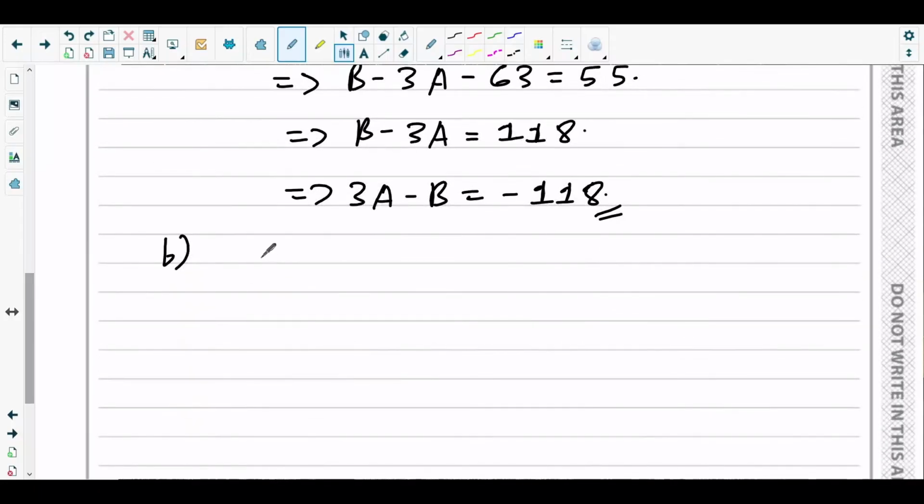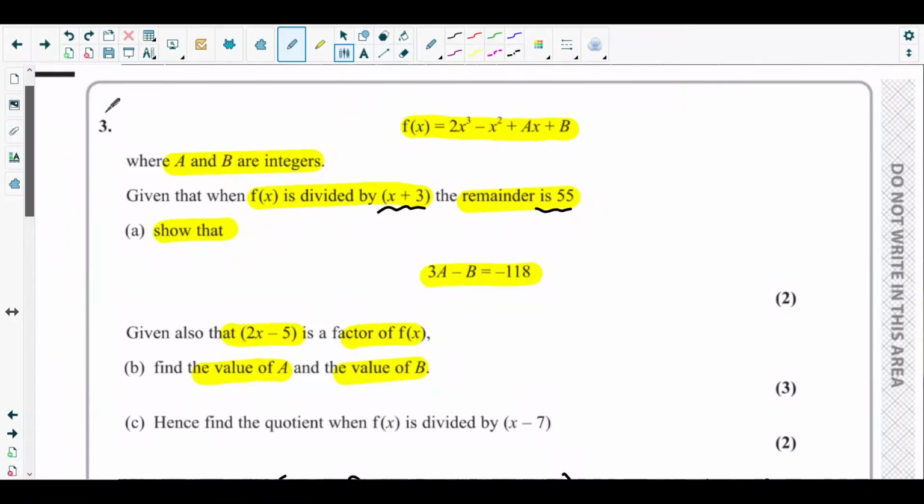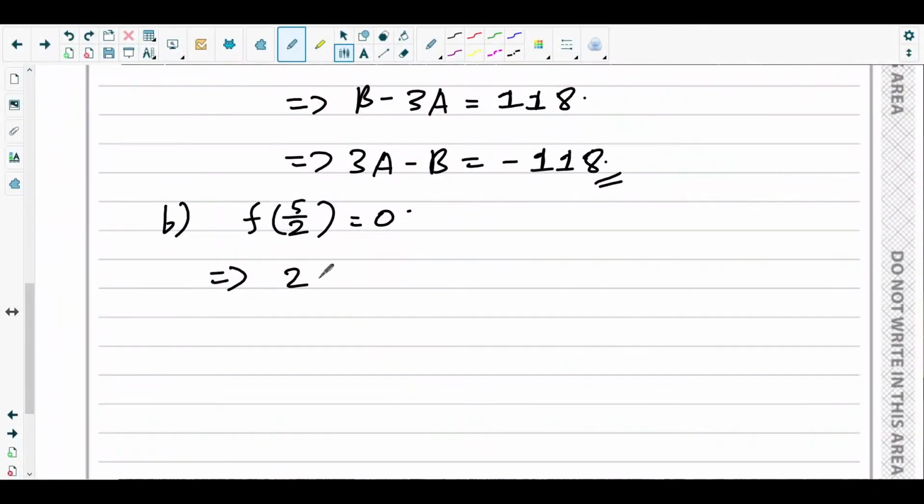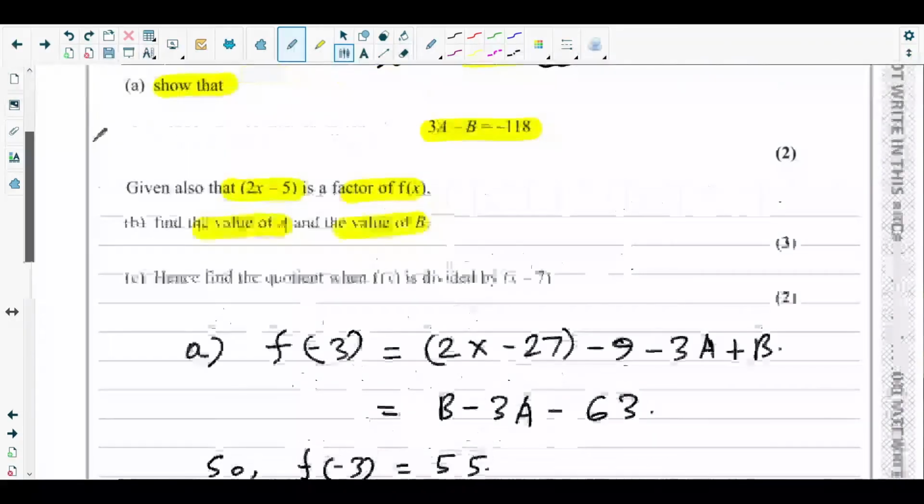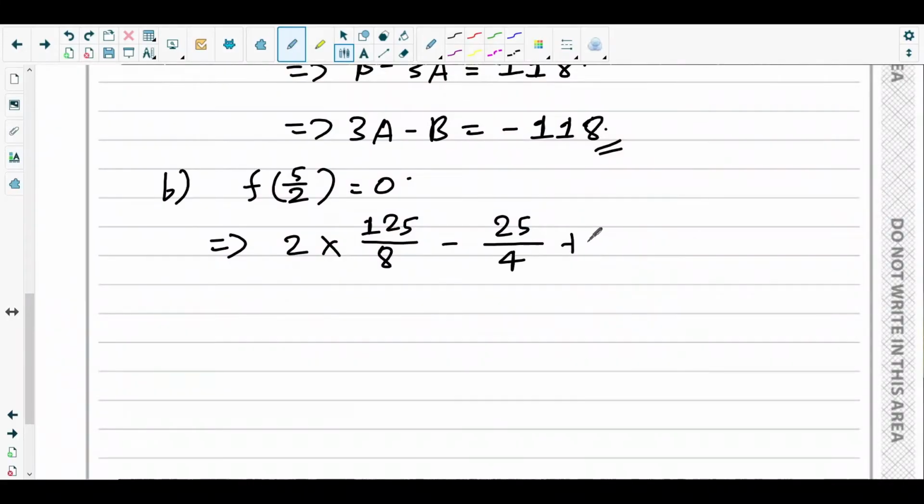So f of 5 over 2 equals 0. If you put 5 over 2 into the function, you get 2 times 5 over 2 cubed, which is 125 over 8, then minus x squared, which gives 5 squared over 2 squared, that is 25 over 4, and then plus ax, so plus 5 over 2 a, plus b, equals 0. 2 times 125 over 8 is basically 125 over 4.